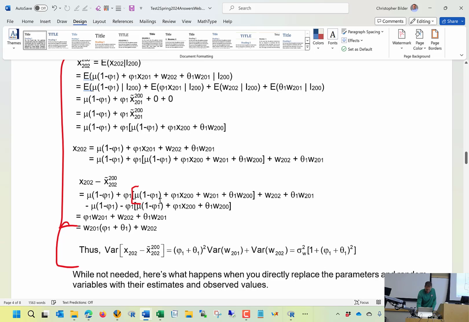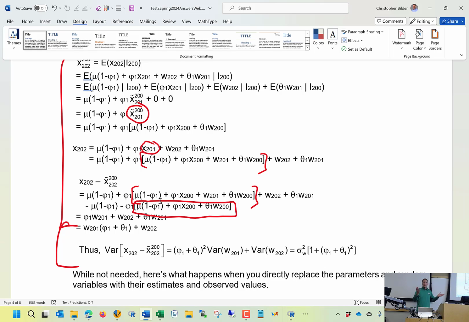When you needed to include what was in the past. Yeah. So here's X201. Students were not necessarily including it correctly. And then also they were not necessarily including what was the previous forecasts for m equal 1 in this expression correctly.